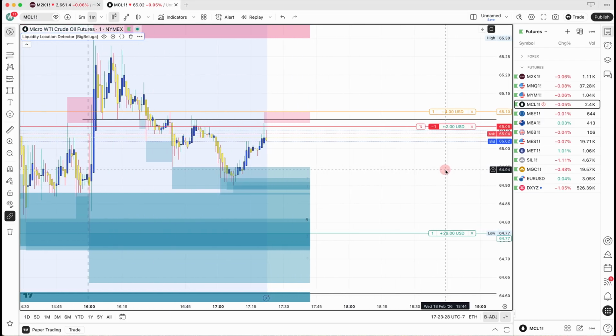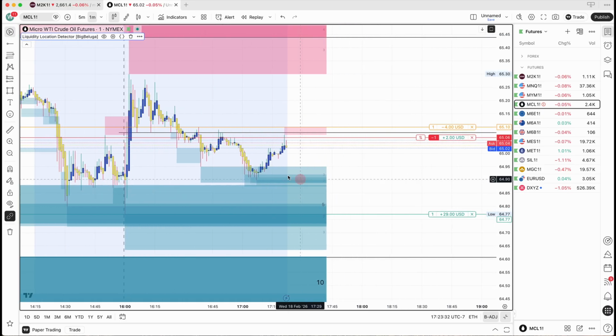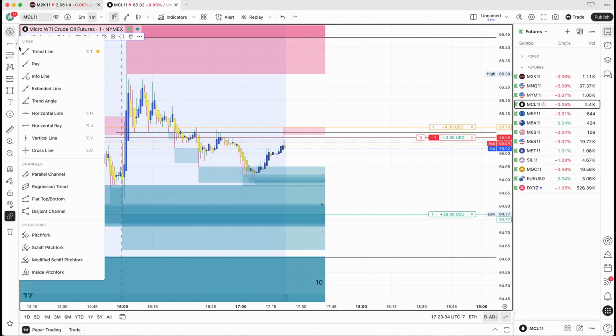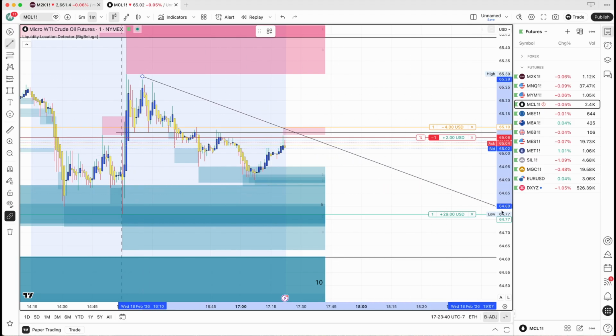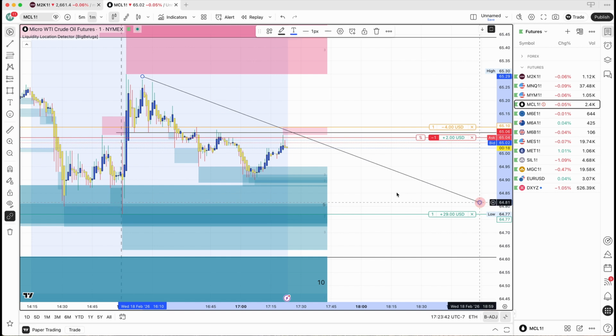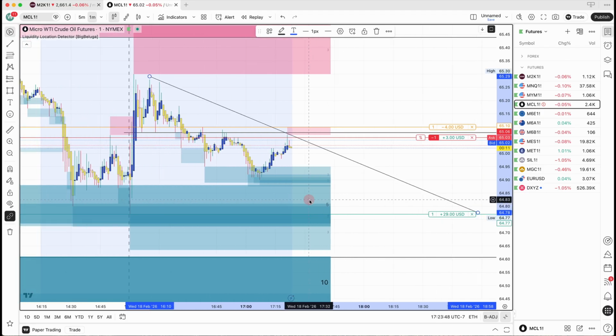I'm hoping this little 1-minute trend continues all the way down to the bottom of today's session. That's what I'm hoping will happen.